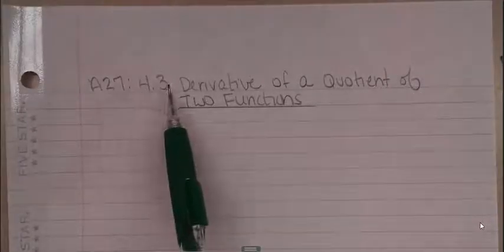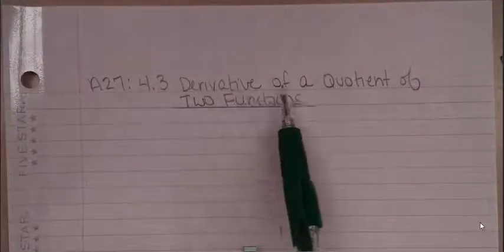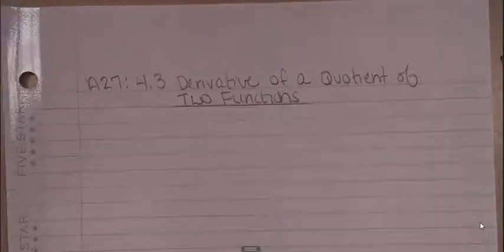Assignment 27, 4.3, derivative of a quotient of two functions. So now we're going to talk about what happens when you have two functions being divided. How do you find the derivative of that?